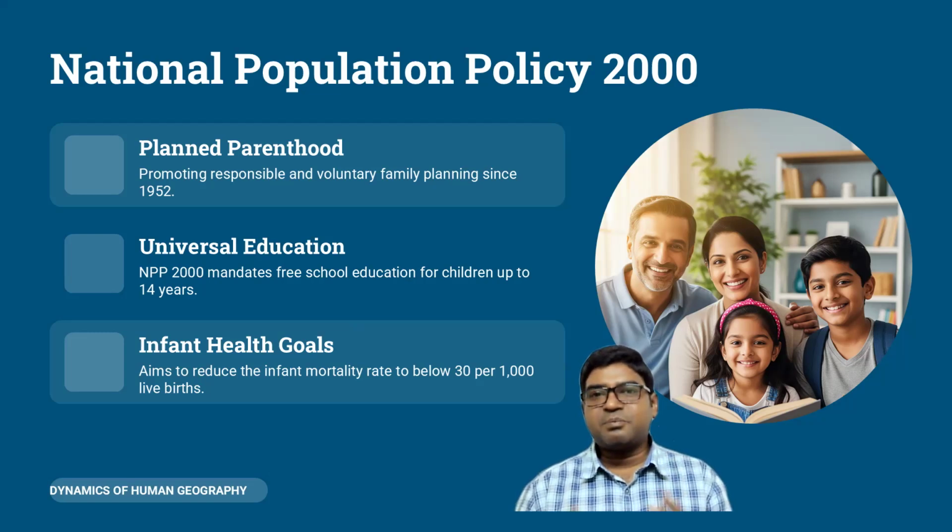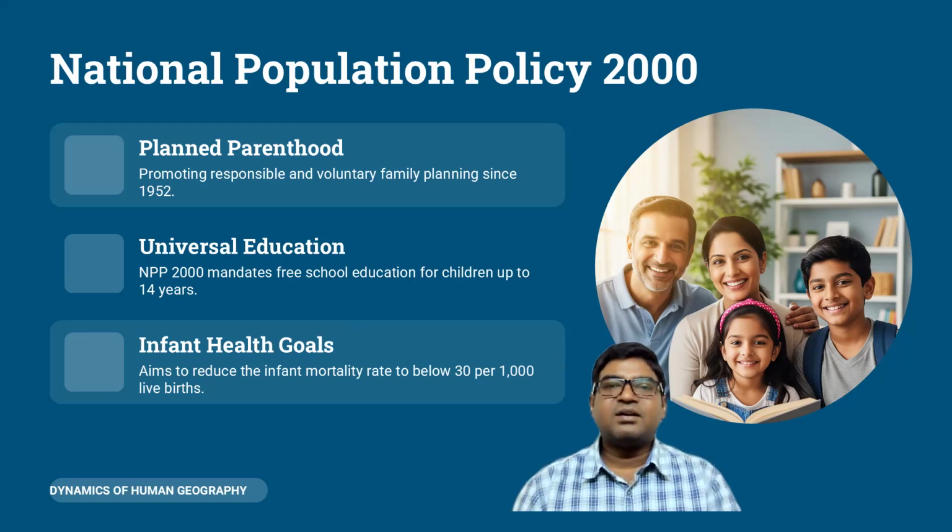The NPP 2000 mandates free school education for children up to 14 years of age to attain universal education so that people are aware, and aims to reduce the infant mortality rate below 30 per 1000 live births. We are also trying to reduce the birth rates so that naturally we can control the population growth.